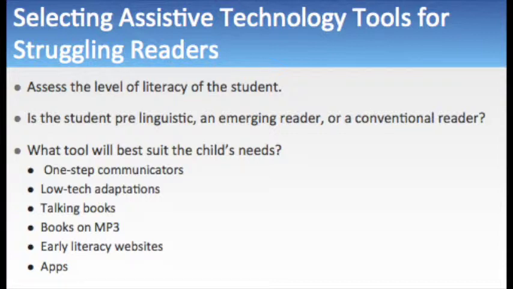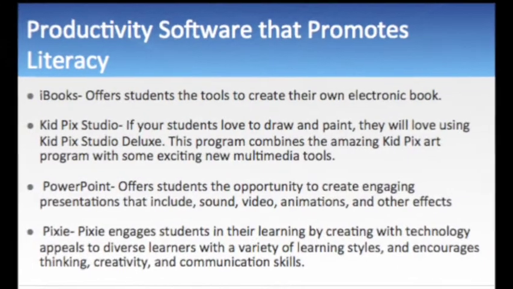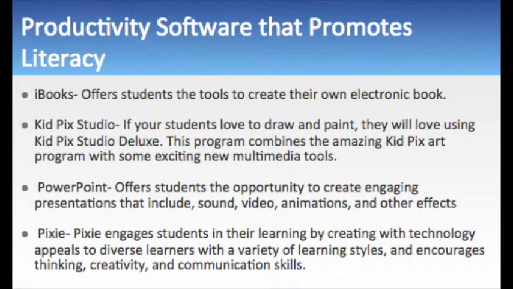For example, assistive technology includes one-step communicators, low-tech adaptations, talking books, books on MP3, early literacy websites, as well as the ever-popular apps. One should also consider authoring software such as iBooks, KidPix Studio, PowerPoint, and Pixie.